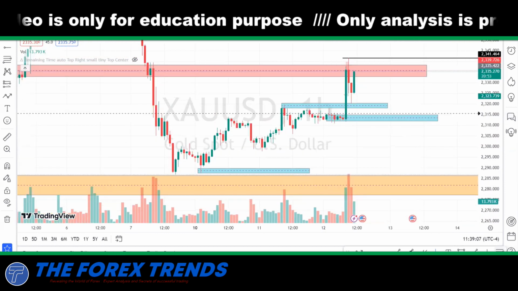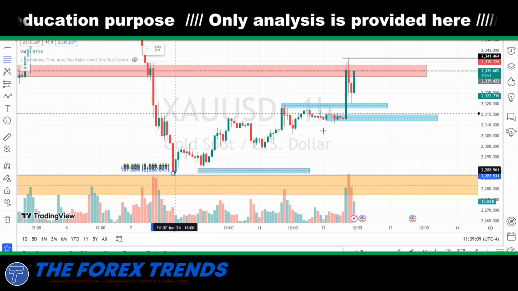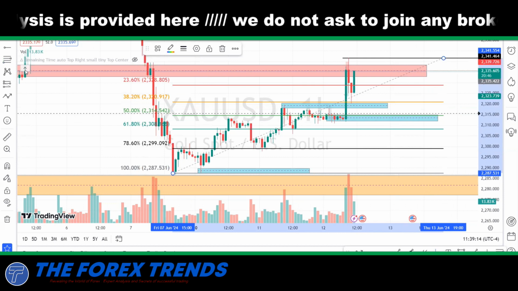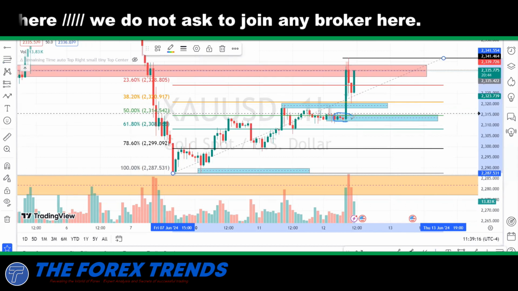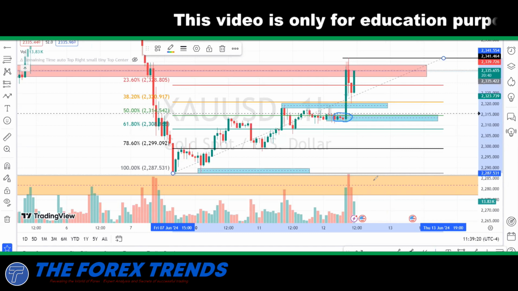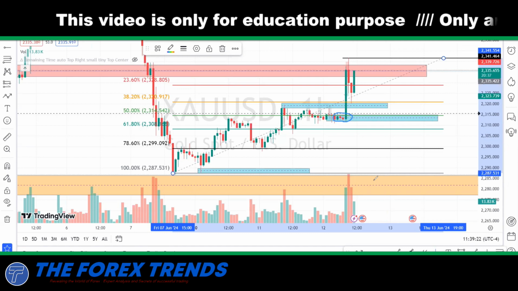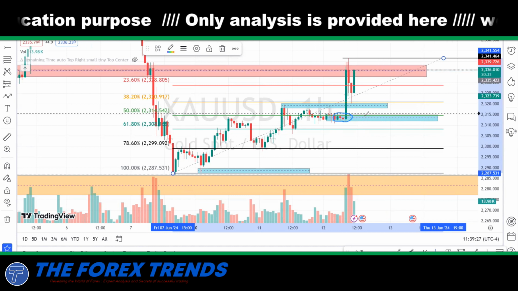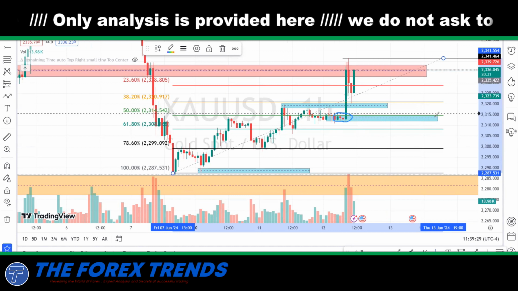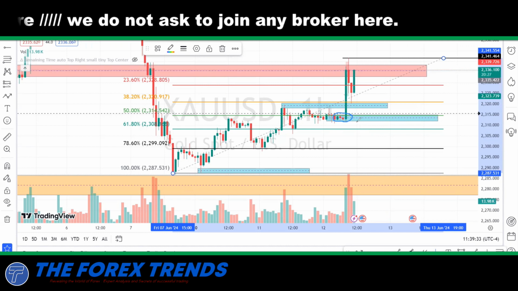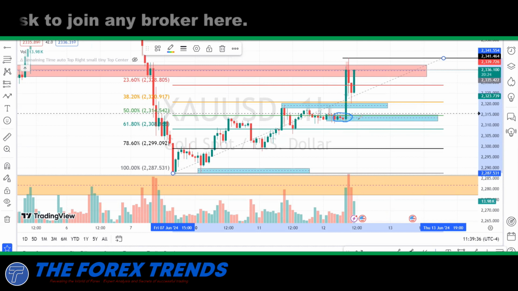If I plot Fibonacci for this entire swing, we get the 50% retracement at this order block, as you can see. That's why it will work definitely. So be ready for this level. Whenever we get the price at this level, we will initiate a buy and we get at least 100 pips from here.